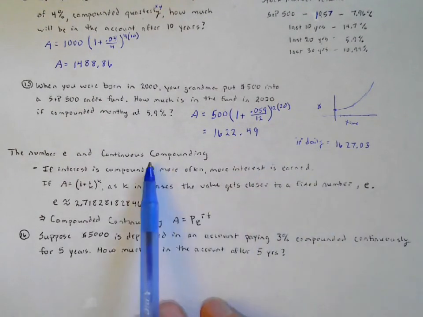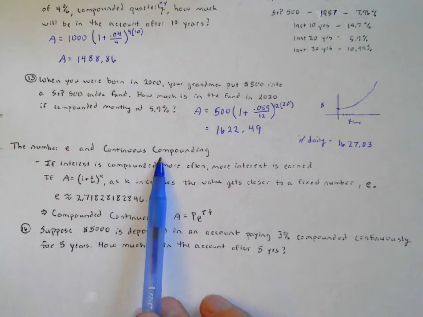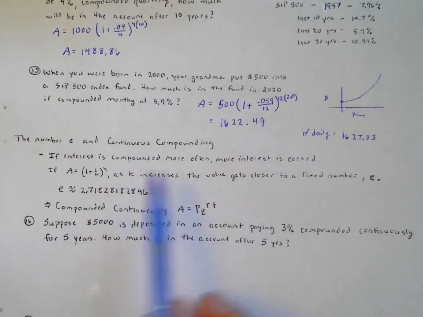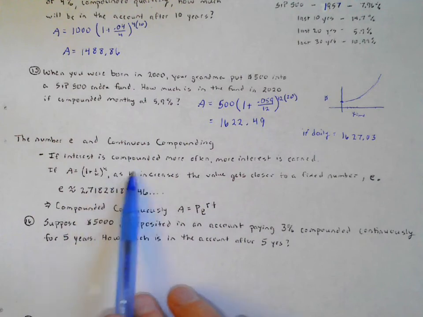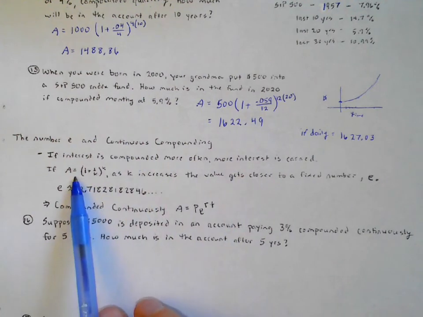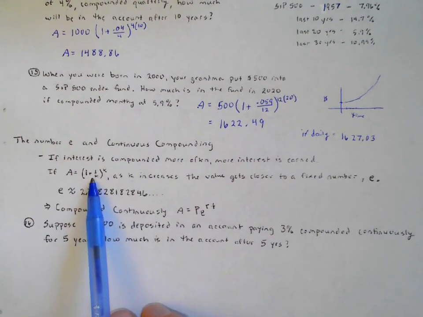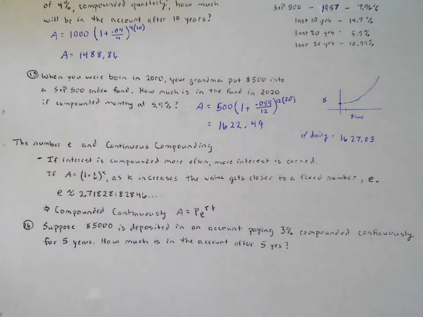But if we continually compound it, we use this equation. Okay, the more often, yeah. So we talked about the amount is equal to (1 + 1/k) raised to the k. K is how much is compounded, but it keeps increasing.